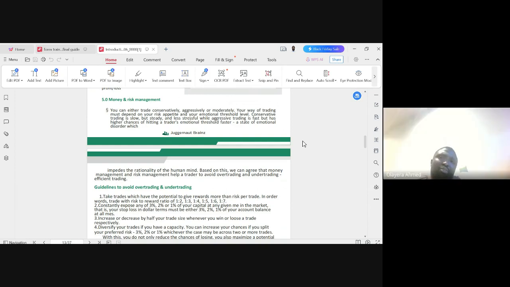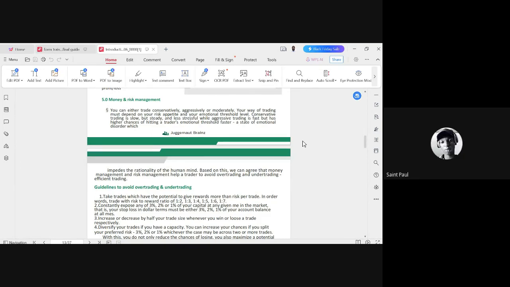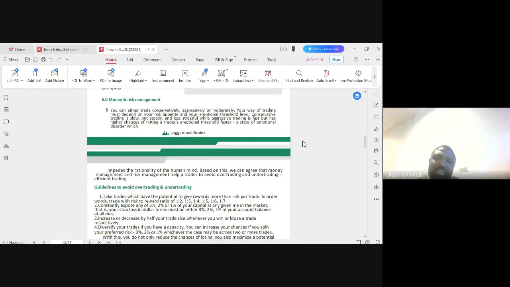You see some people being disciplined, trading decently for so long, and sometimes just deciding to trade irresponsibly, maybe because they feel they have to take advantage of a particular move. You understand? So all these problems centered around emotion are the biggest enemy of a forex trader.